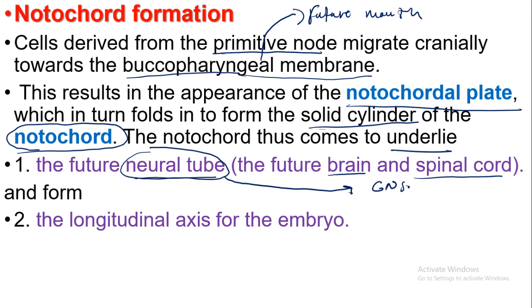And this formation of the nervous system, which is happening in week 4, is called neurulation. So let's quickly look at what neurulation is. Remember one thing that I've already stated.